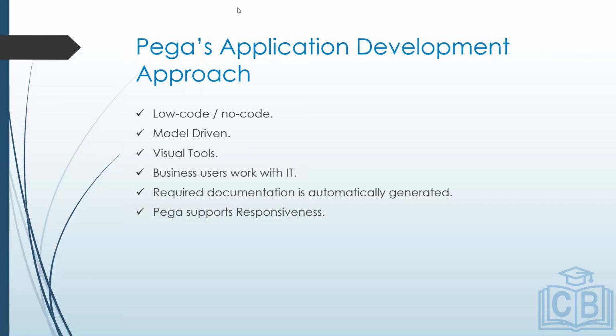Visual tools, yes, we have discussed already, and business users work with the IT when it starts building the skeleton of the application. There's definitely a close coordination between the business team and the IT team. In fact, we are the ones who build the high-level skeleton of the application to get it accepted by the client or the product owner.